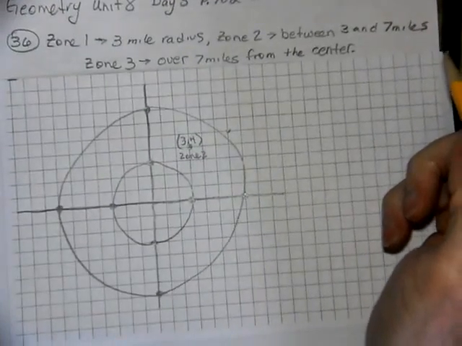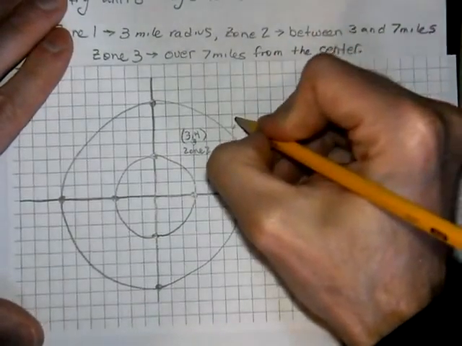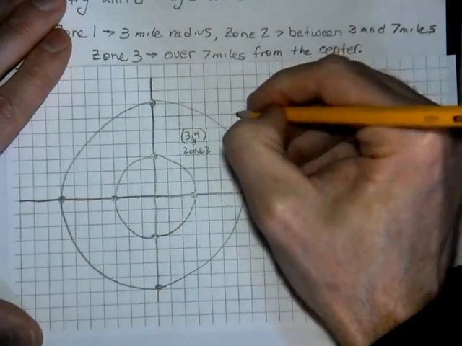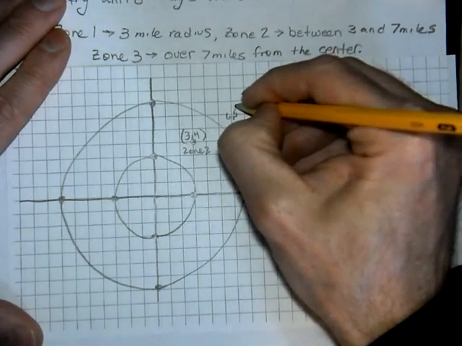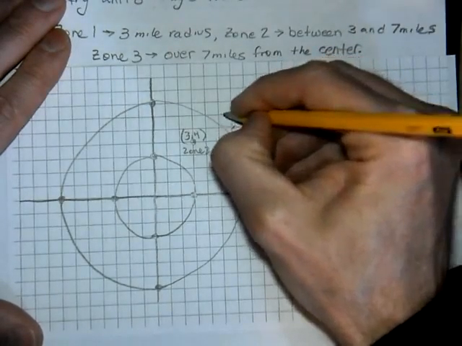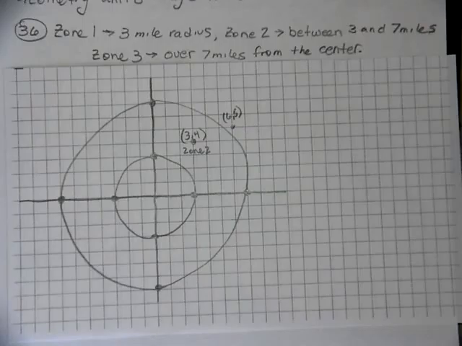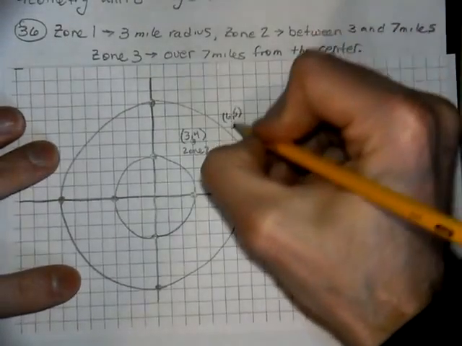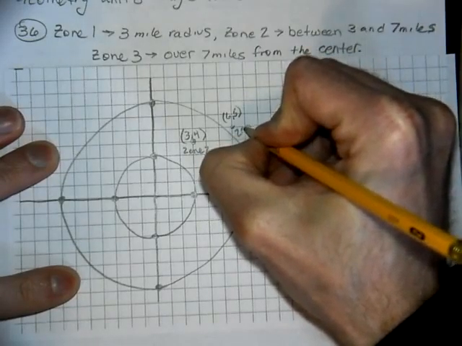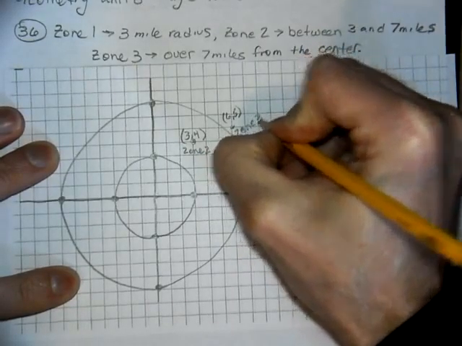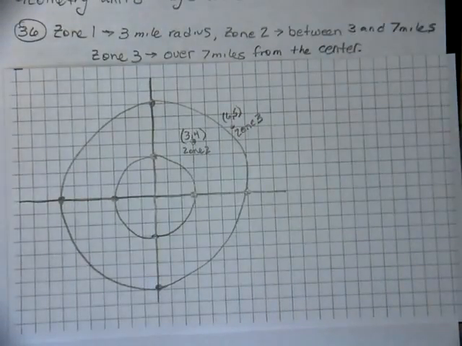On my picture, that's looking like it's outside. For 6 comma 5, we would be in zone 3 because we're outside the circle.